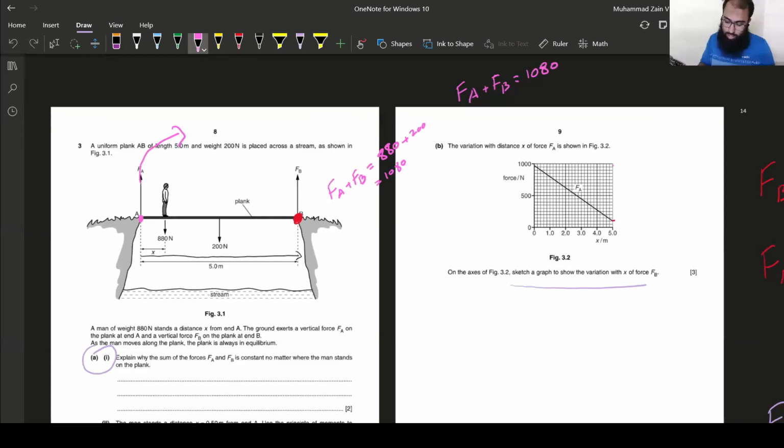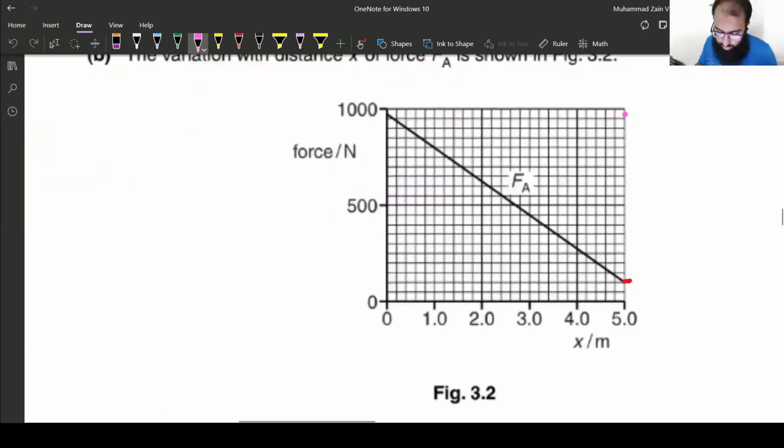When the person's at point A, the value of FA is equal to 980 newtons. I can look at the graph and it's approximately 980. This was supposed to be 950 and it's somewhat above it, so I'm assuming it to be 980.